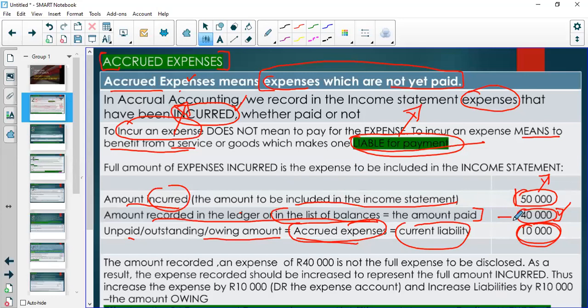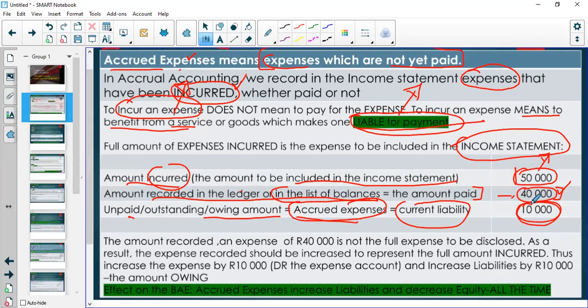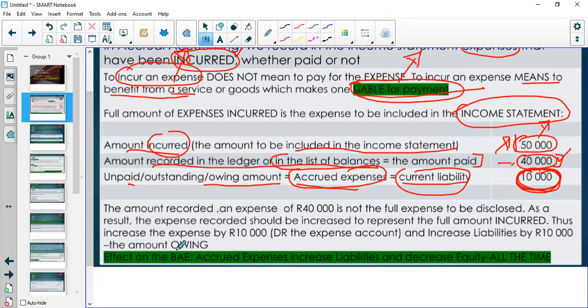So what we recorded is the amount paid. We need the amount incurred to disclose in the income statement. So we have to add this 10,000 to the 40,000 to make it 50,000. In the process of adding that 10,000, we're going to increase our expenses to 50,000. And because we haven't paid this 10,000, it's a current liability. So the effect on the basic accounting equation is that accrued expenses are going to increase liabilities, because we have recorded this 10,000 owing.